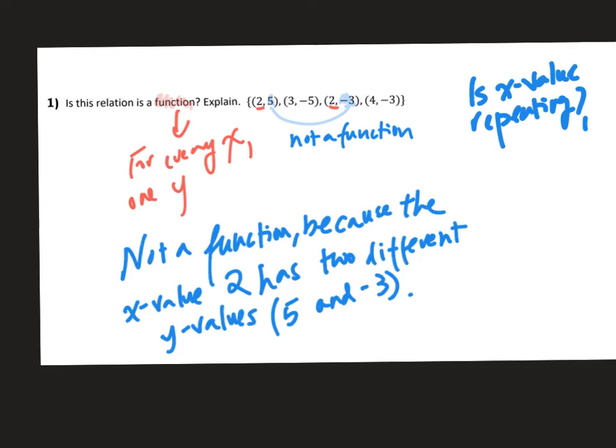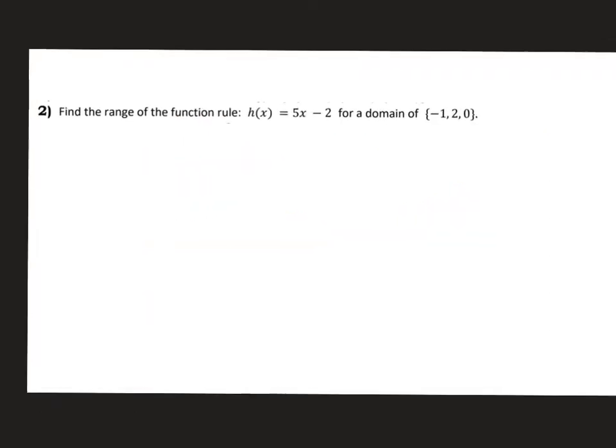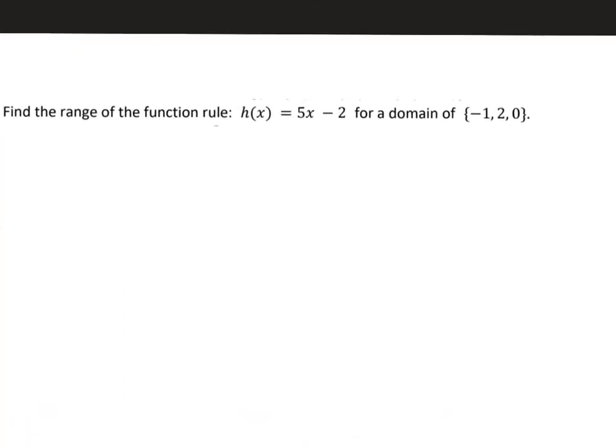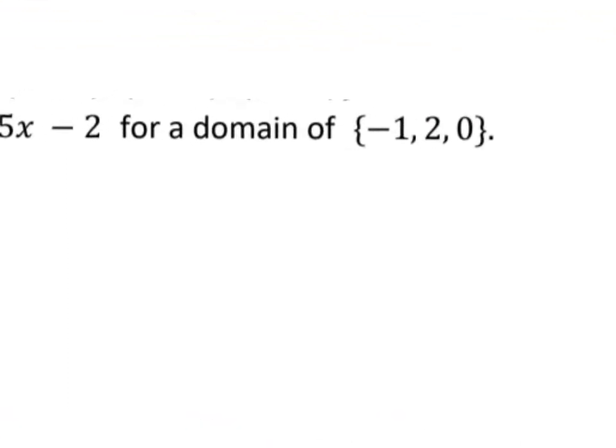All right, next one. It says to find the range of the function rule h of x equals 5x minus 2 for a domain of -1, 2, 0. When we see this word domain, we want to think about inputs. So this domain is talking about inputs.